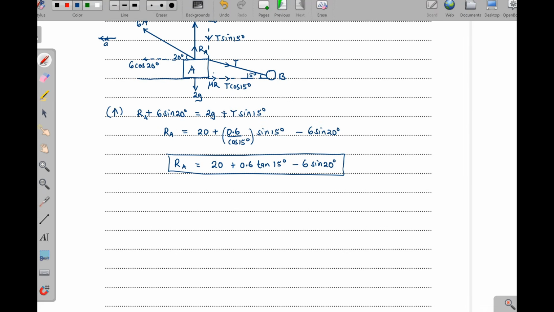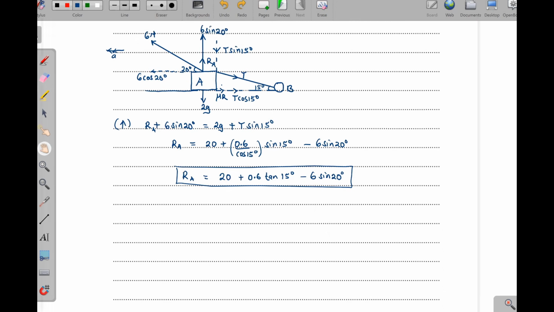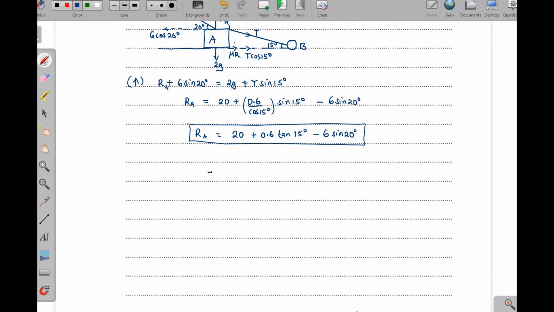Then since the movement is this side, okay, we are going to use F is equal to MA. So this is the force that takes the particle forward, okay. So we shall have 6 cosine of 20 degrees minus the opposing forces, which are these two here. So we have mu R, then minus T cosine of 15.